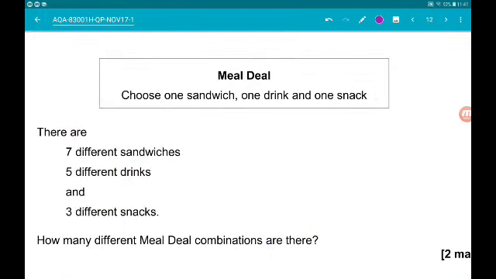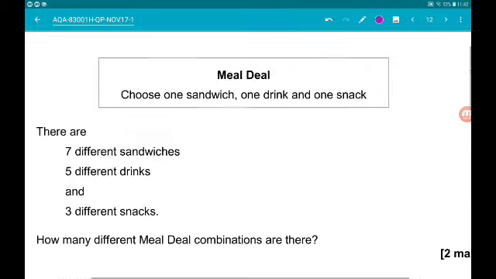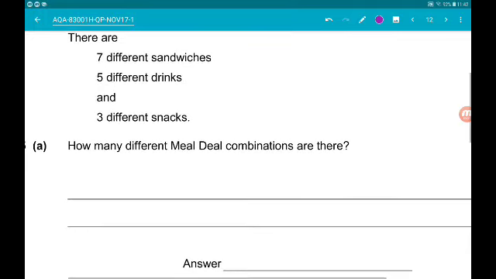Okay, question 15, we have combinations. So we've got a meal deal. Choose one sandwich, one drink, and one snack. There are 7 different sandwiches, 5 different drinks, and 3 different snacks. Part A wants us to work out how many different meal deal combinations there are.